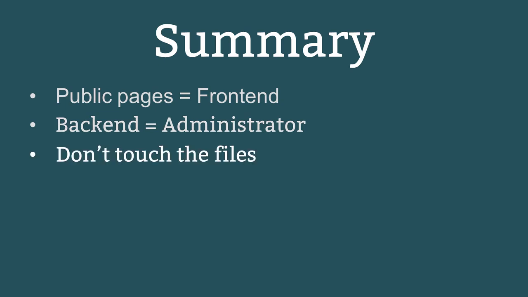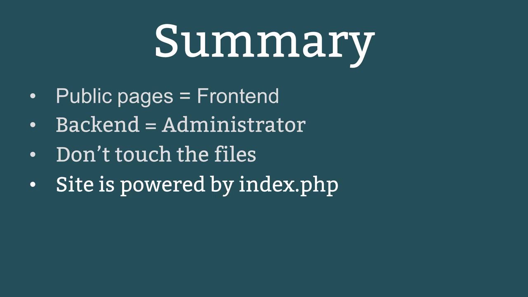A Joomla website consists of tens of thousands of files and folders. However, you don't usually need to directly access those files, as everything is managed via Administrator. The site is powered by a single file called index.php. But once again, you don't usually touch this file, as it dynamically creates pages based on special parameters.